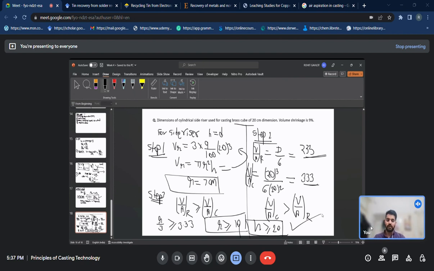We found that these are not met, so we need to ensure that our riser solidifies after the casting. We ensured it in step 3, and then we found the H and R from step 3.